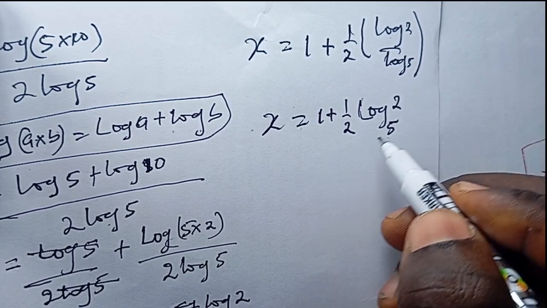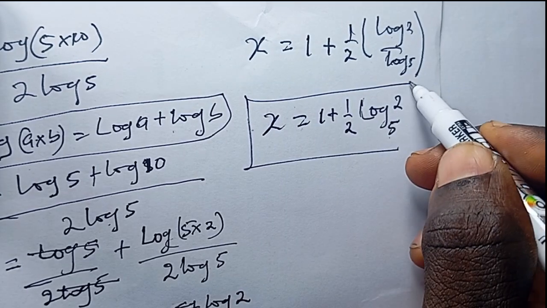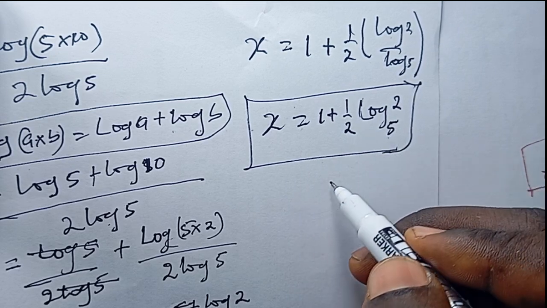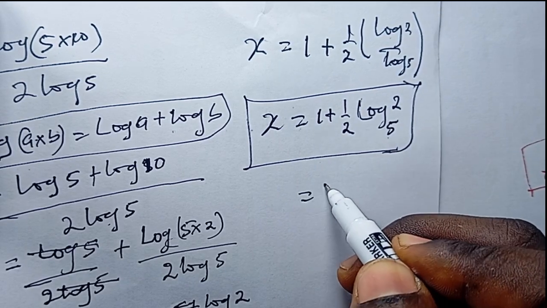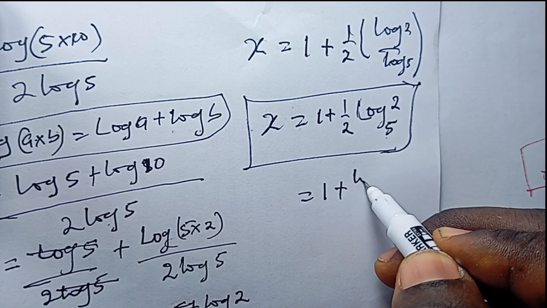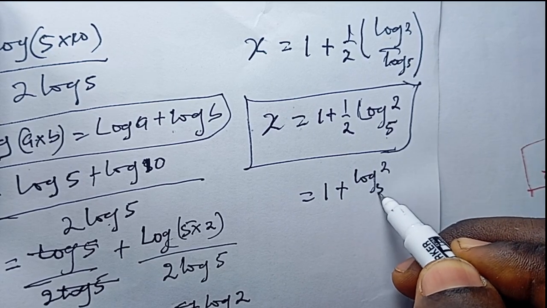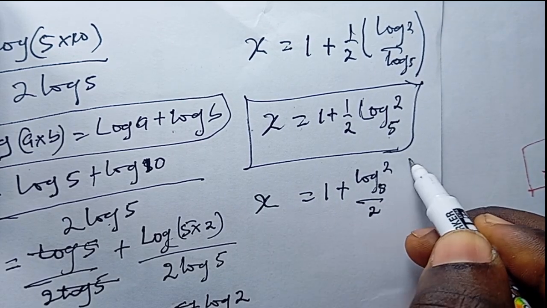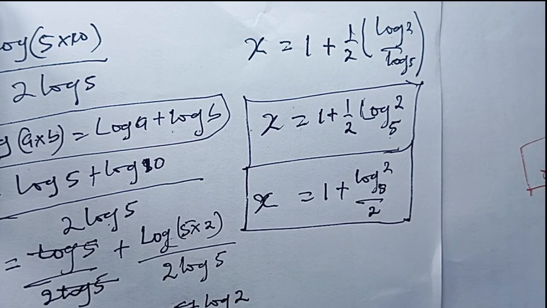So this is actually going to be the final value for x. And of course, if you want to write it in fraction form, we can still write it as 1 plus log 2 base 5, divided by 2. So whichever one you choose, this is going to be the value of x.